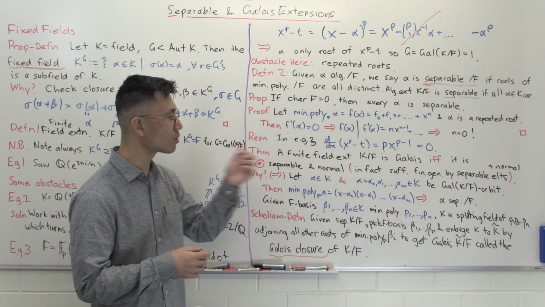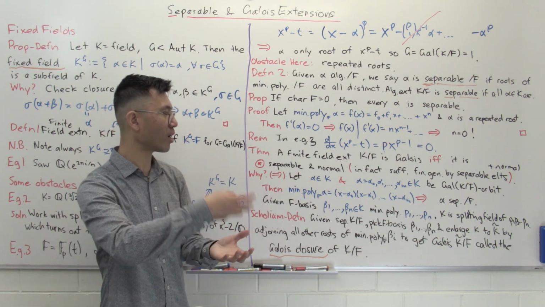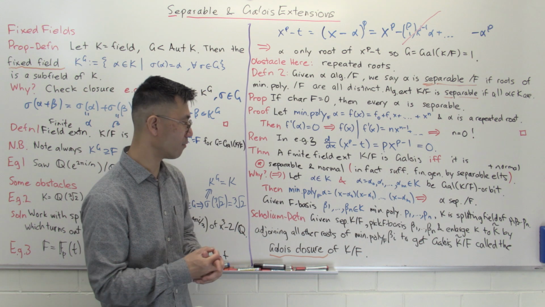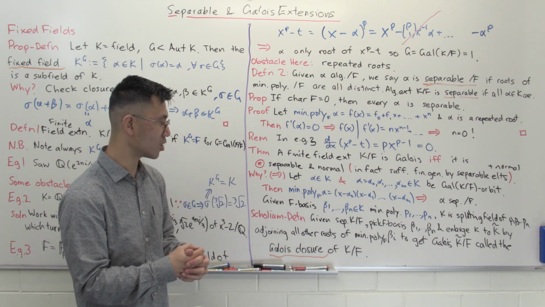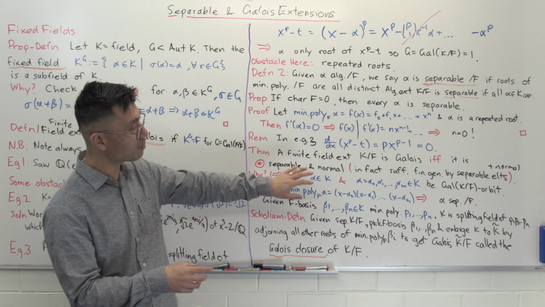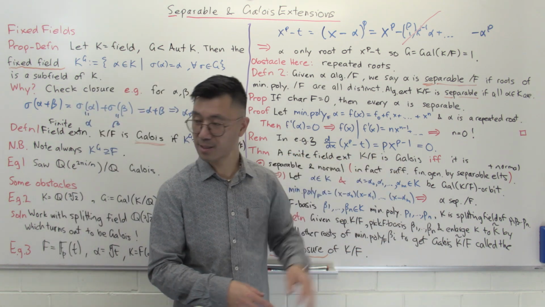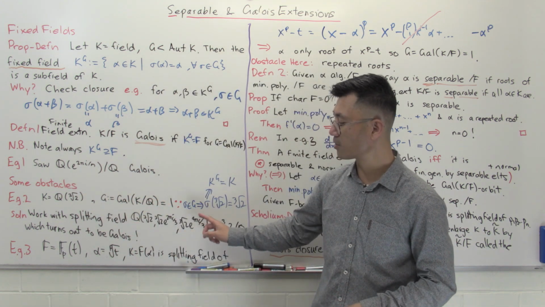And as I said, the reverse direction also comes from this technique of constructing field automorphisms. I can't give you a complete proof, but I've suggested the idea. So this is a wonderful theorem which tells you quite simply how you can guarantee that something is Galois. In this situation we're in characteristic 0, so we have separability.